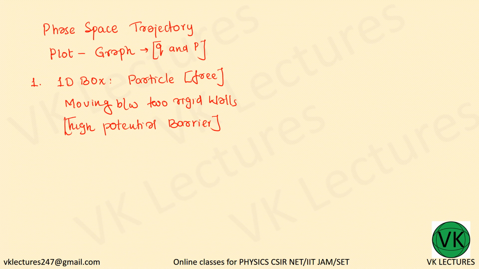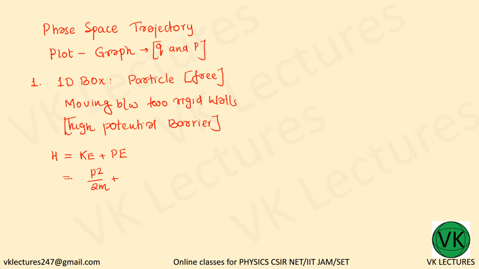Now the Hamiltonian of the 1D box, that is the total energy, the kinetic energy plus the potential energy, is given by P square by 2m, which is the kinetic energy.